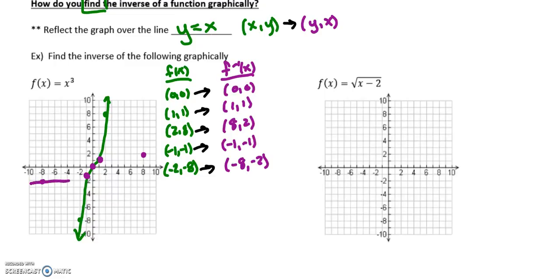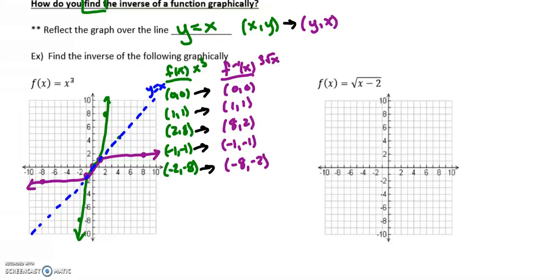If I can draw it well, it comes up, goes through there, and goes up that way. That's f inverse of x, which, if we remember from our parent graphs, is actually just the third root of x, which makes sense. If I want to undo x to the third, I use the third root. But if you notice, these are reflected across the line right here, y equals x. So I'm reflected across that line, if I could draw it straight.